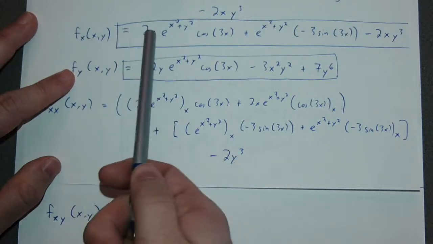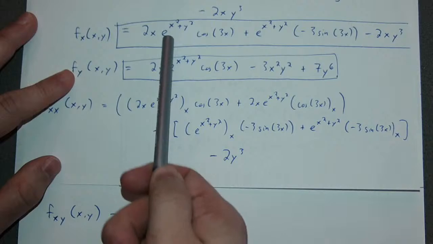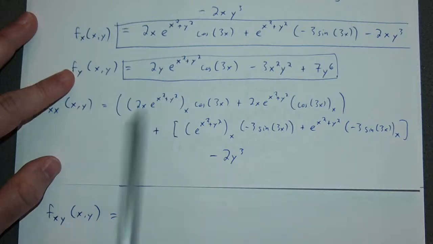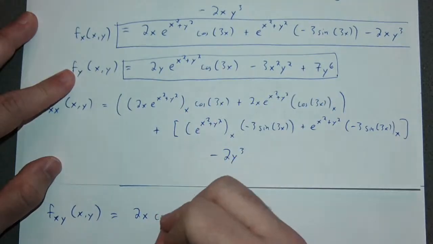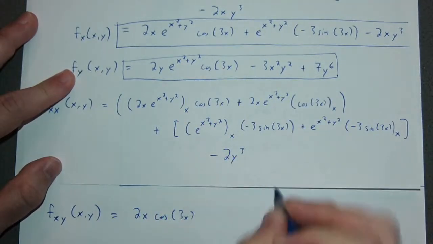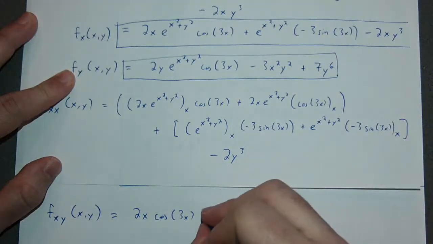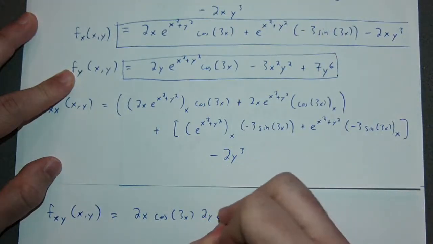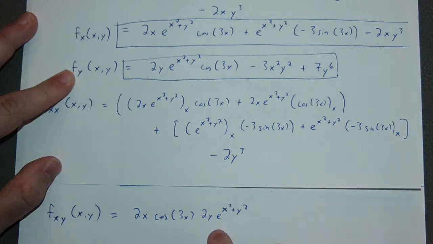There's only one term here in this product that actually involves y, and it's e to the x squared plus y squared. And so when I'm taking the y partial of this thing, I don't have to use the product rule. This is going to be, rewriting it, 2x cosine of 3x times the derivative of e to the x squared plus y squared with respect to y. So this is times 2y e to the x squared plus y squared. Okay, so that's the derivative of the first term.